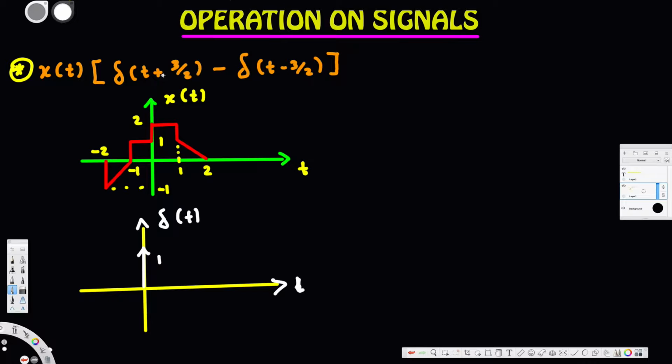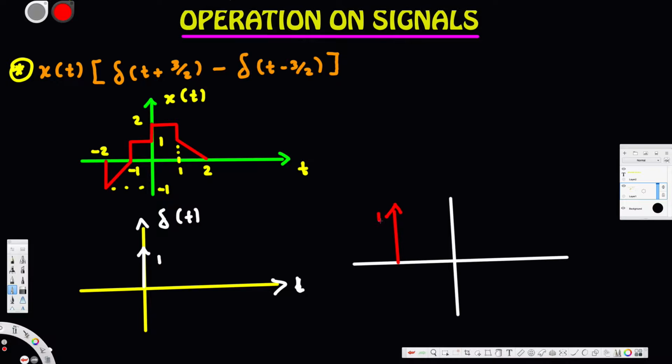Now let's see what's going to happen if we put plus 3 by 2. Plus 3 by 2 means 3 by 2 units to the left, right? We have a thing like t plus 3 by 2, so it's moved to the left by 3 by 2 units. So we are going to have this one shifted 3 by 2 units. Okay, let's say this is 3 by 2.